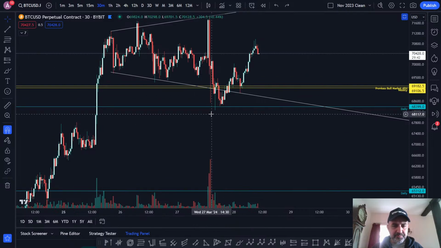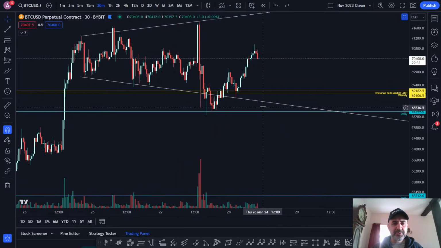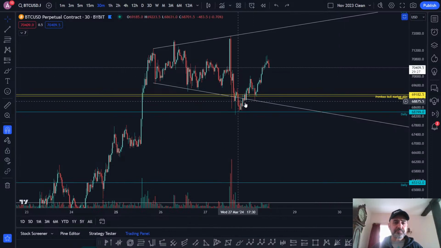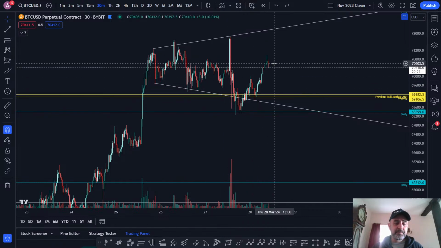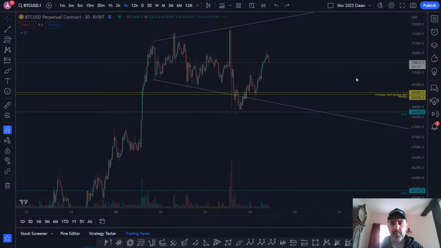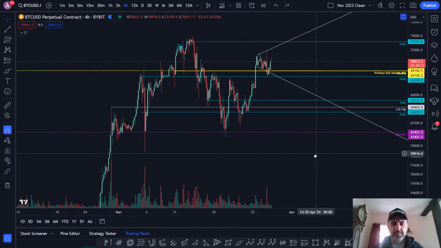Increasing in volume, decreasing prices, and look where we are now. That's not bearish. That's actually very bullish. So I'm thinking more bullish now than bearish, just simply because of how much volume came into these lows and how the price just pinged off the bottom of this range. So that's kind of my idea of the price.